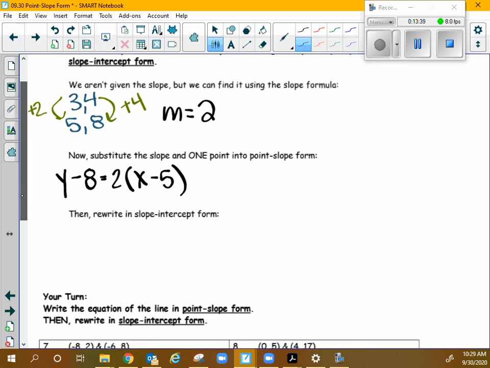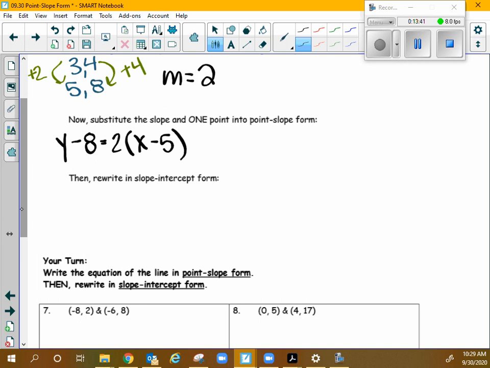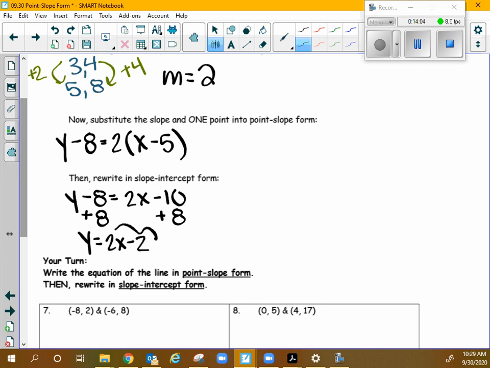Now, for slope intercept form, distribute that 2 for me. What are you going to get? 2x minus 10. Now what? Add 8. Minus 2. Okay, come on now.